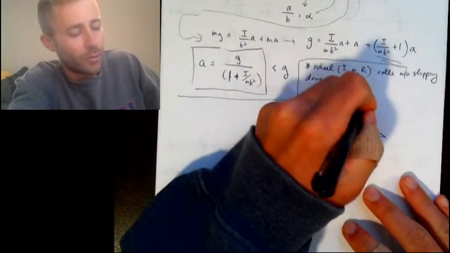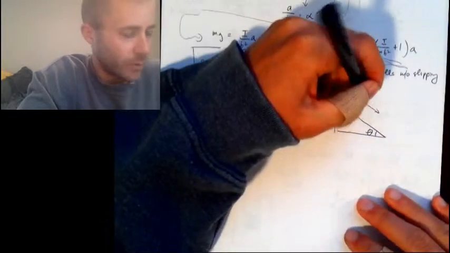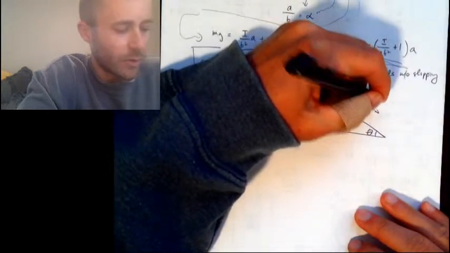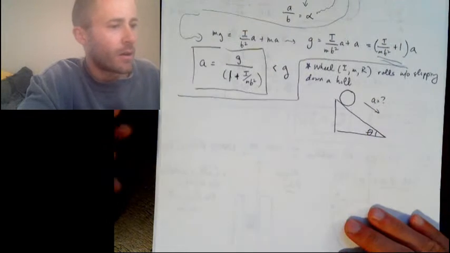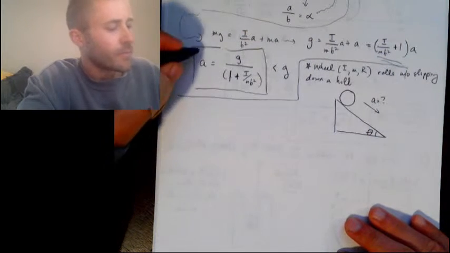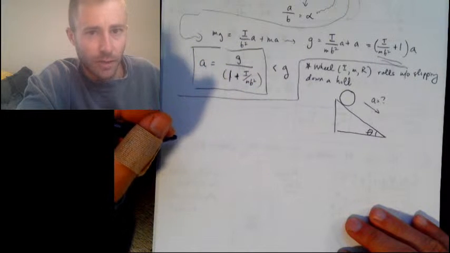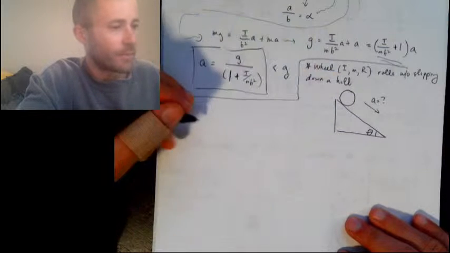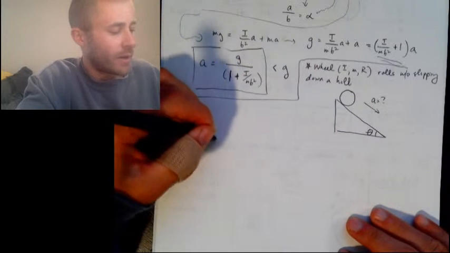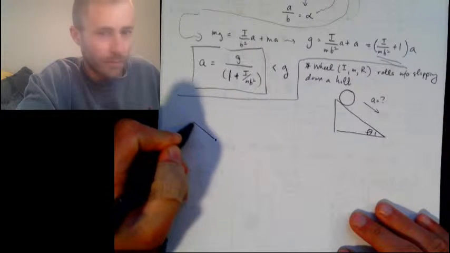What we want to do is figure out a couple of things, but first, let's figure out the linear acceleration. If we think about the forces on this wheel, we have a friction force, script F, that is pushing back on the wheel.